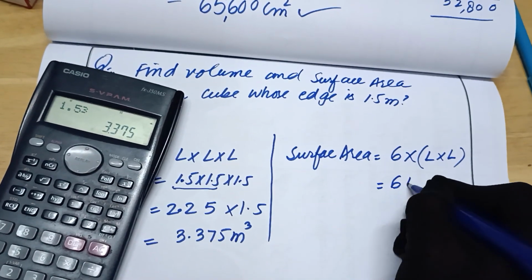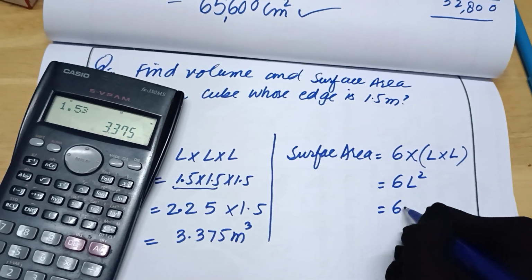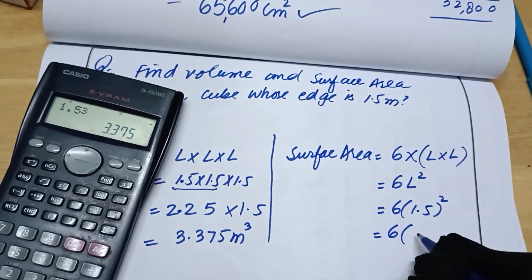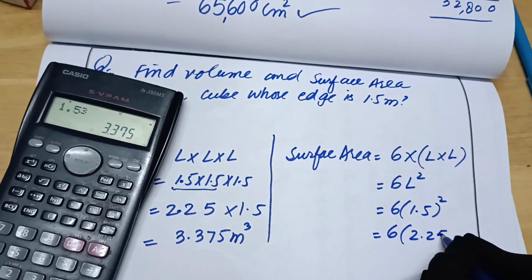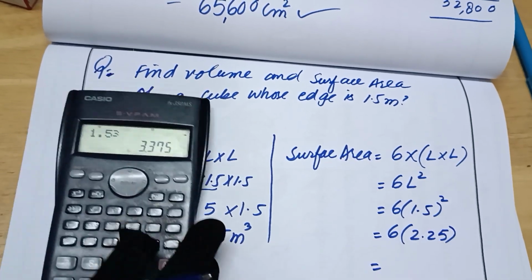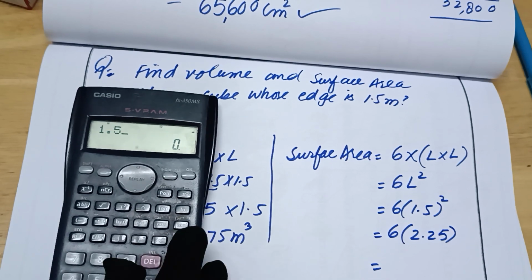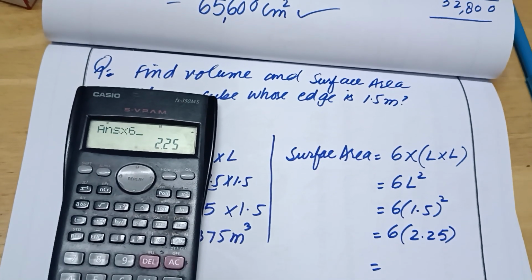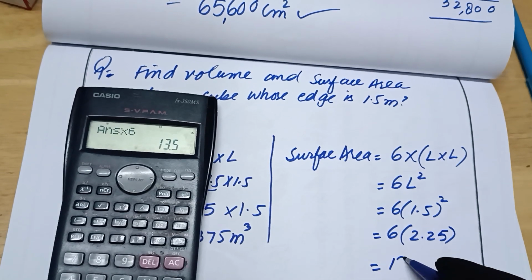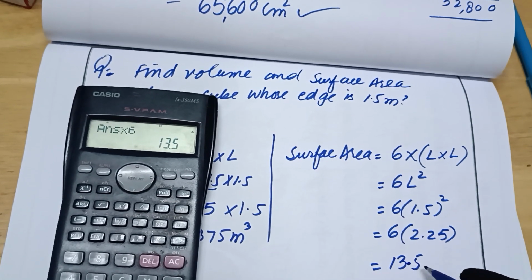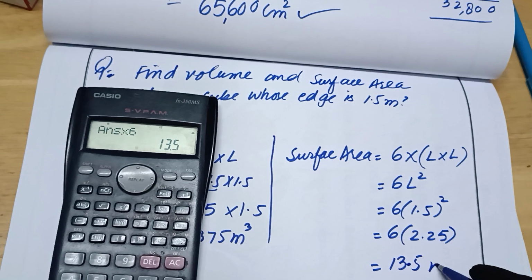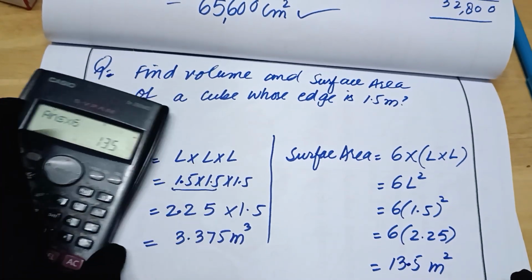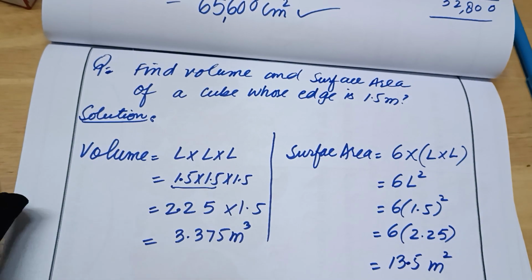It means 6 times L square. 6 times 1.5 square. 1.5 square is equal to 2.25. Further it is multiplied by 6 and gives the answer 13.5. Surface area carries the unit meter square, and hence it is completely solved.